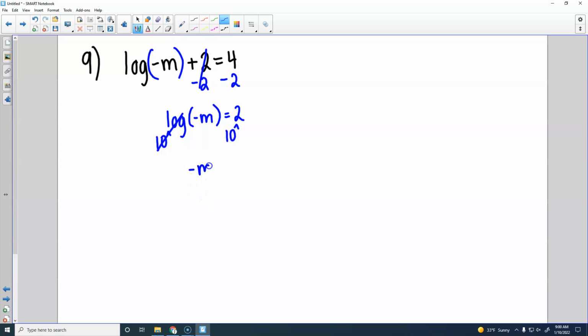So we'll have negative m equals 100. And then when we divide by our negative, we'll end up with m equals negative 100. Again, that's a negative answer, but when I plug it back into the original problem, you're going to have negative times negative, which gives you positive, so it works for that one.